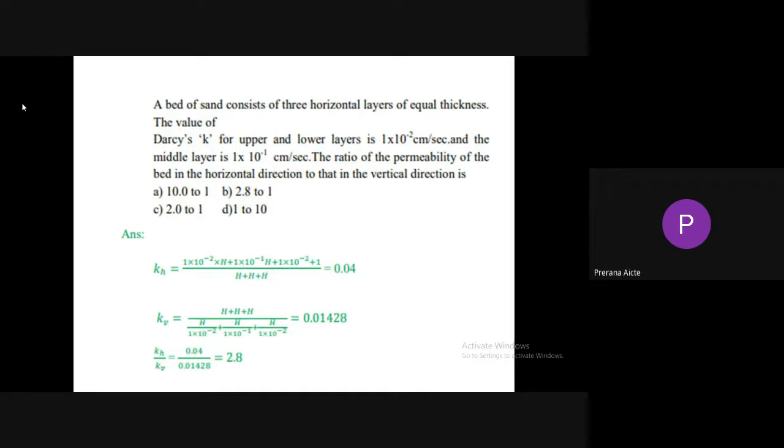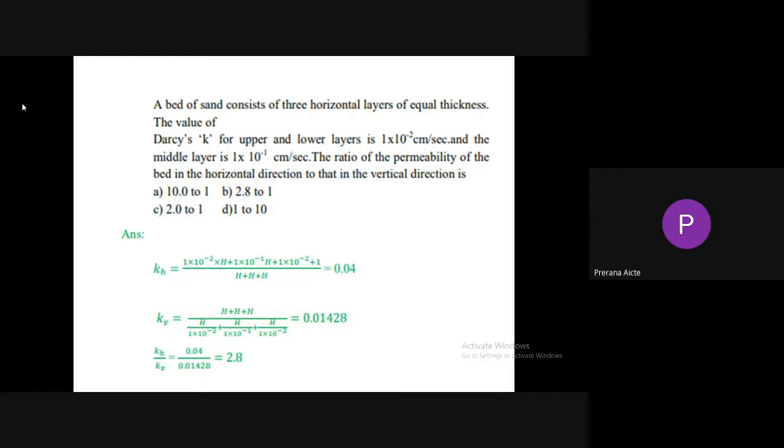A bed of sand consists of three horizontal layers of equal thickness. The value of Darcy's K for upper and lower layers is 1 into 10 power minus 2 centimeter per second, and the middle layer is 1 into 10 power minus 1 centimeter per second.